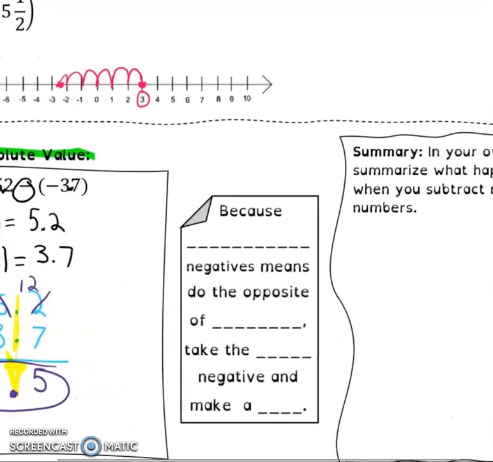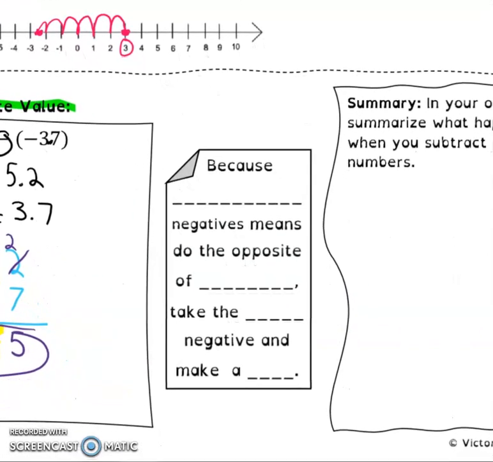All right, let's make this a little bit bigger so we can see it. All right, I want you to go ahead and try this one.